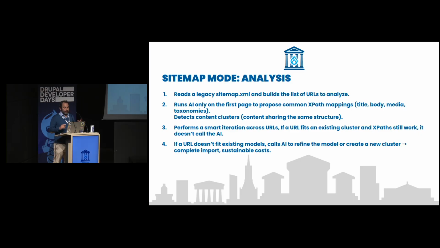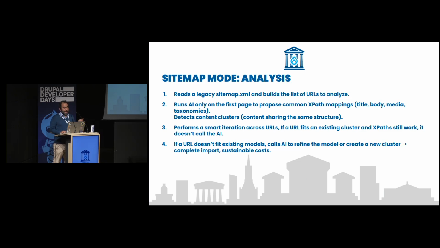It then iterates across the URLs. For each URL, we first try to match the existing cluster model. If the XPaths still match, and you can have a set of XPaths that are not matching but there is a threshold, so the page looks familiar, we don't call the AI, with no extra cost and faster execution.